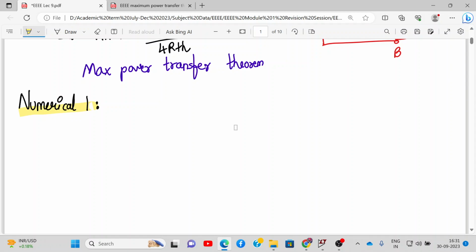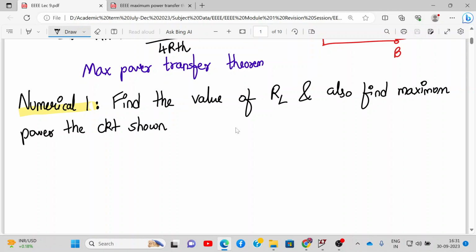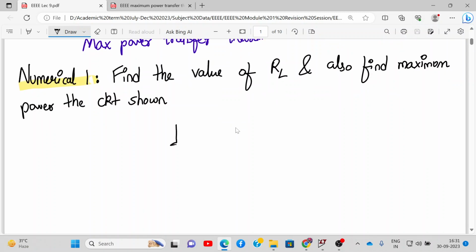So we have this circuit, and the question is: find the value of RL and also find the maximum power for the circuit shown. So let's draw the circuit now. I have a 5 ohm resistance, then a 10 volt supply.